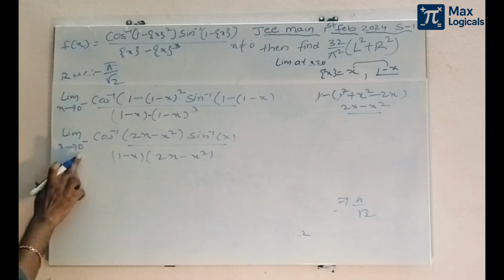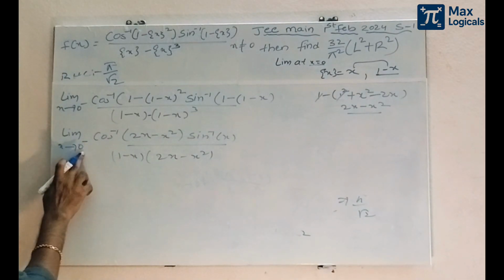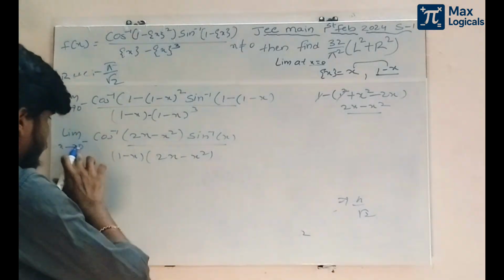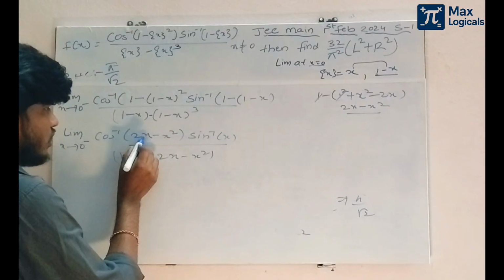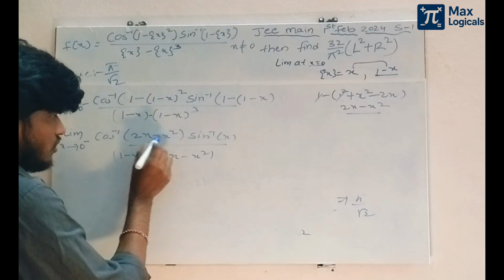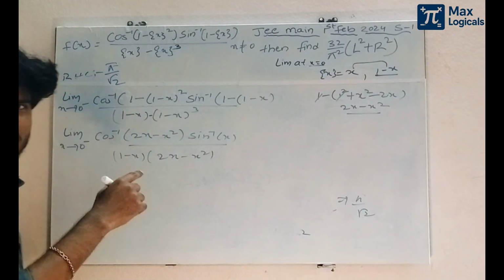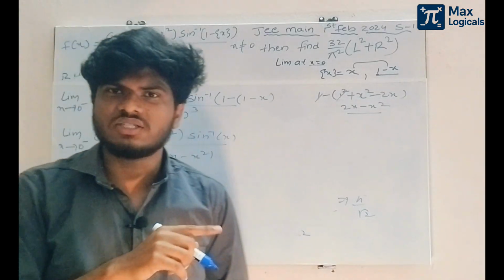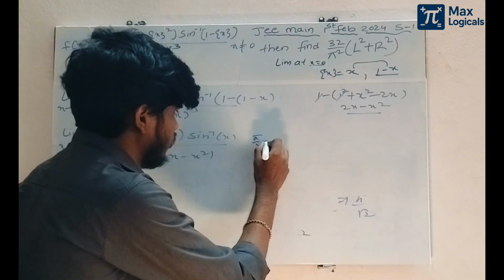Now we are substituting the value x is 0. First in the denominator, 2 into 0 minus 0, that is 0, and cos inverse of 0. What is the value of cos inverse of 0? Pi by 2.